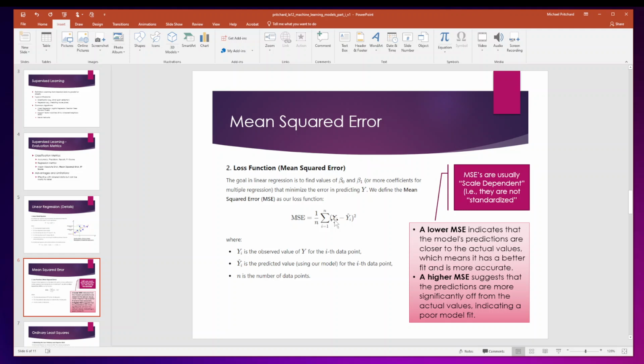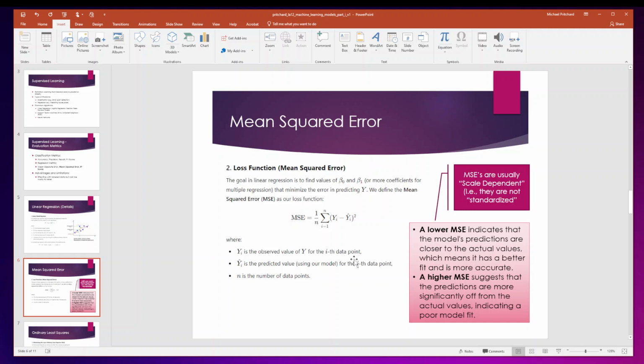And then n is the sample size, the number of data points, the number of samples I'm putting through the summation, where I'm taking y sub i minus y hat sub i, squared, and then summing them across all the data points.